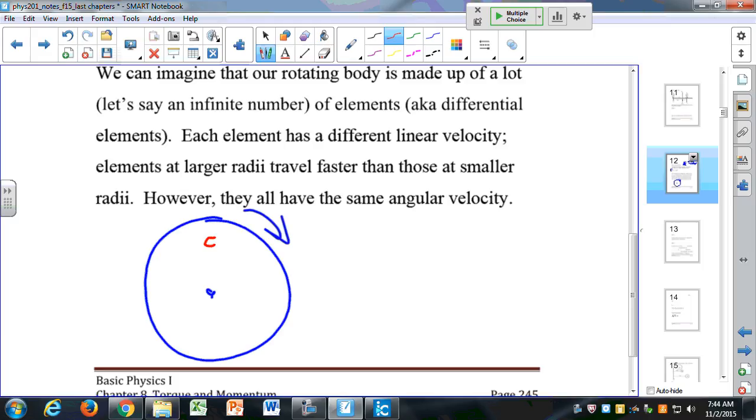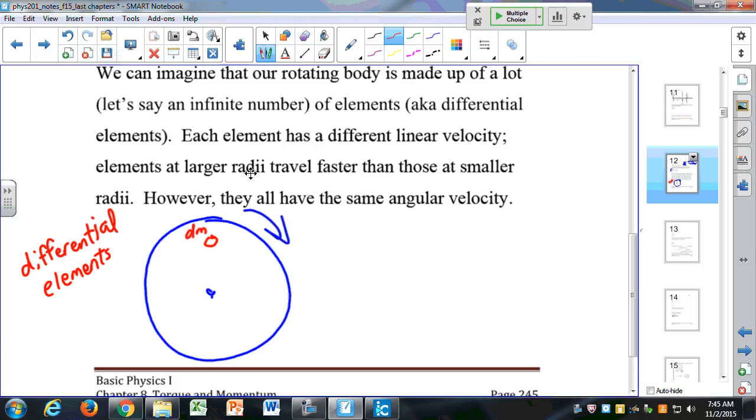These are called differential elements. You do this a lot in integral calculus. We call that a differential element or an infinitesimal piece of our object. These are all going to have a mass, dm.